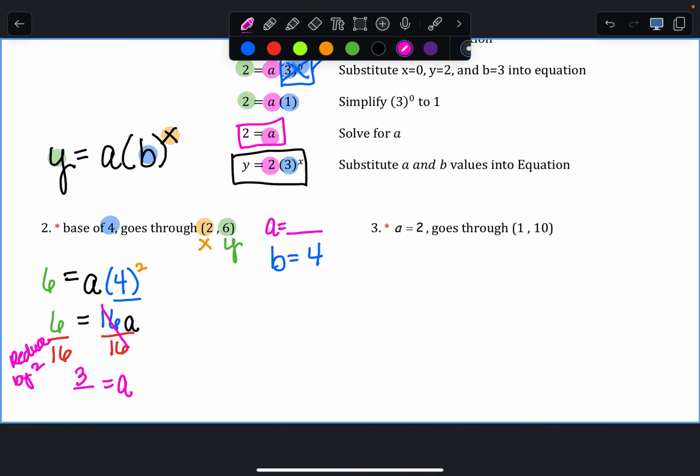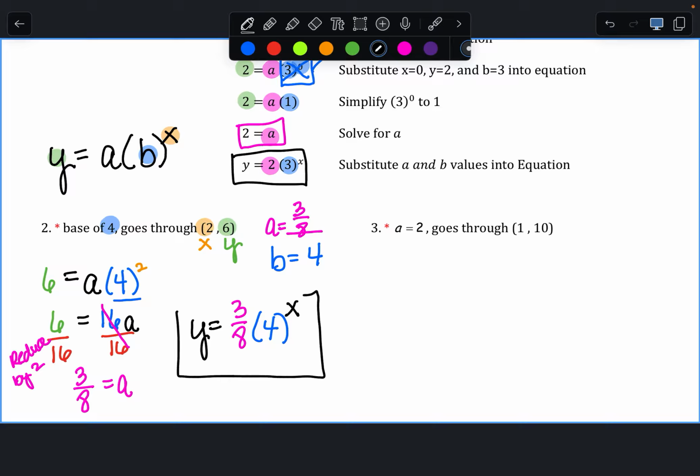This next one's a little different because it looks like they gave us the a. So remember, we always want to know our a, which in this case is a 2, and our b, but it doesn't look like this one gave us our b. They did give you the x, which is right there, and they did give you the y that is right there.